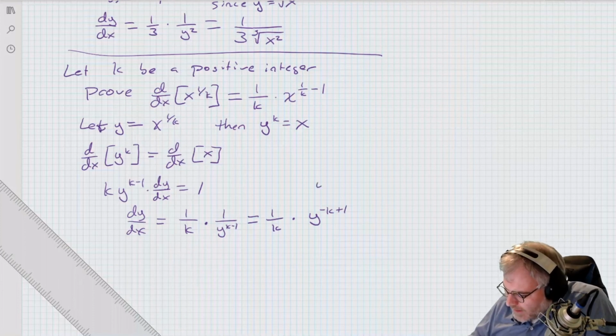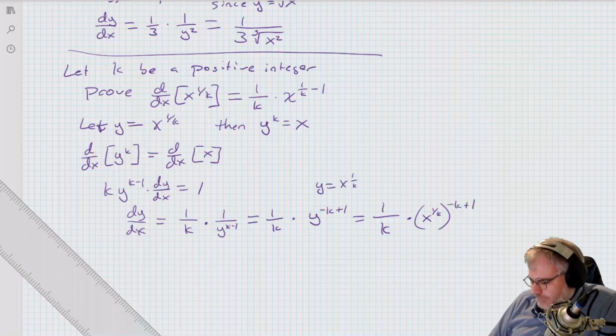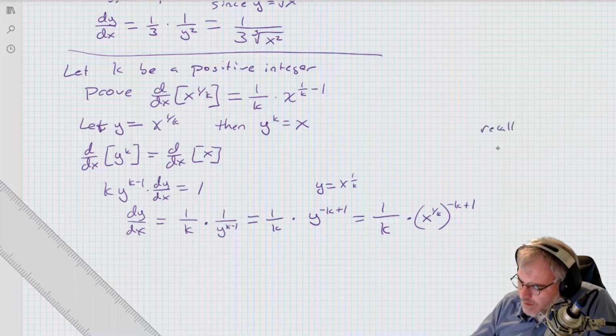Okay, well, remember y equals x to the 1 over k. So this equals 1 over k times x to the 1 over k, to the -k plus 1. Now, remember what happens when I have exponents: x to the a to the b equals x to the a times b.